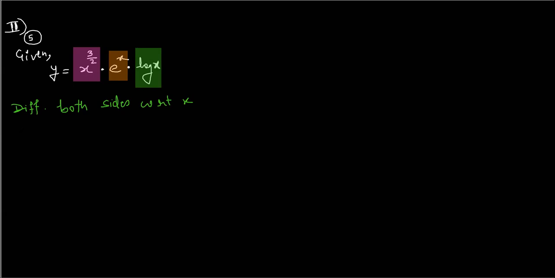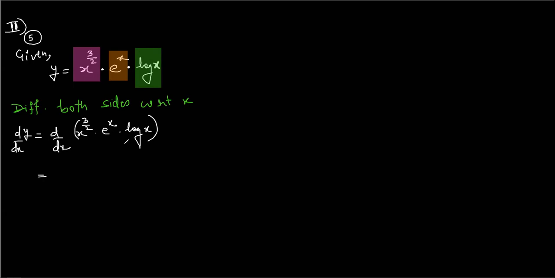Students, see what I will get. I will get d by dx of y equals d by dx of x raised to 3 by 2 into e raised to x into log of x. I know the product rule.